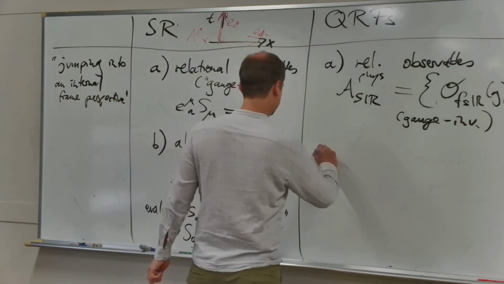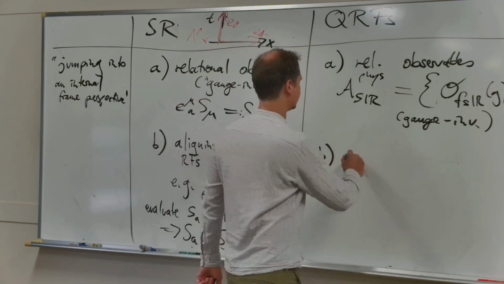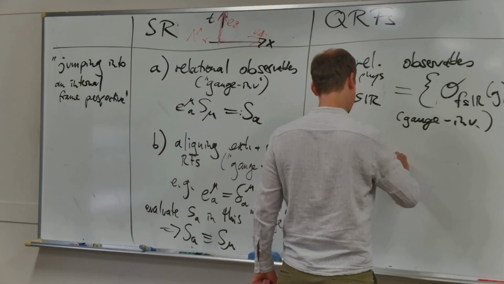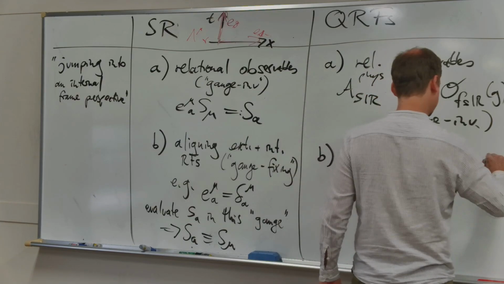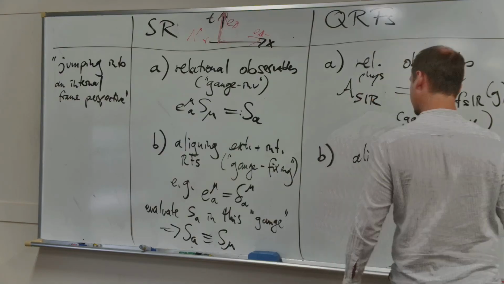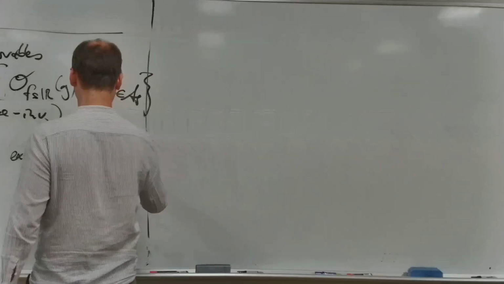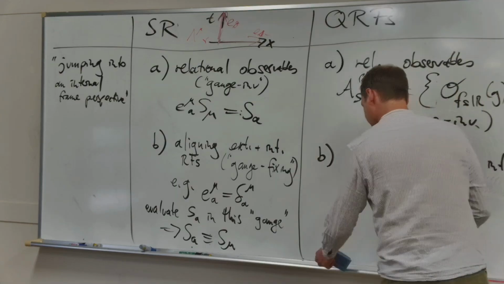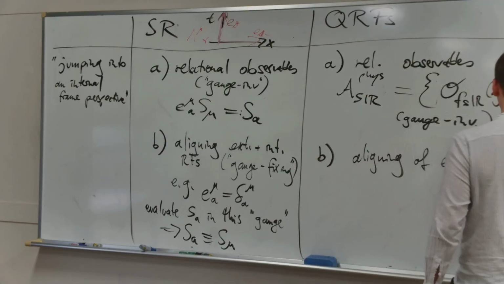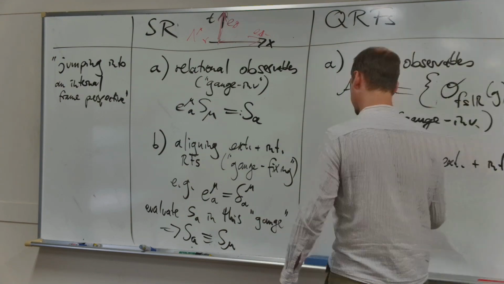And now we can also do an alignment of external and internal frames in the quantum theory. The external frame is not modeled as a quantum reference frame, so we view this as a gauge fixing.